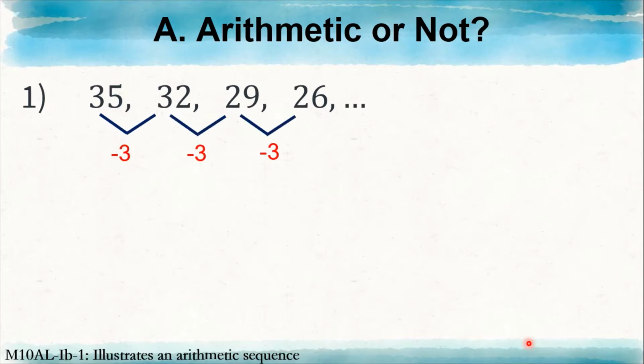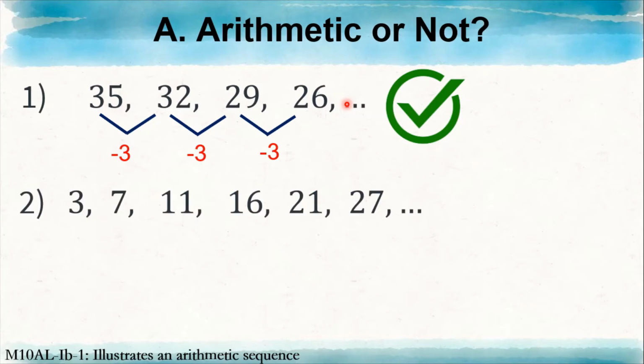So, in this case, we are adding negative 3. So, 35 plus negative 3 is 32. 32 plus negative 3 is 29. 29 plus negative 3 is equal to 26. So, since we are adding a constant number, therefore, this sequence is an arithmetic sequence.